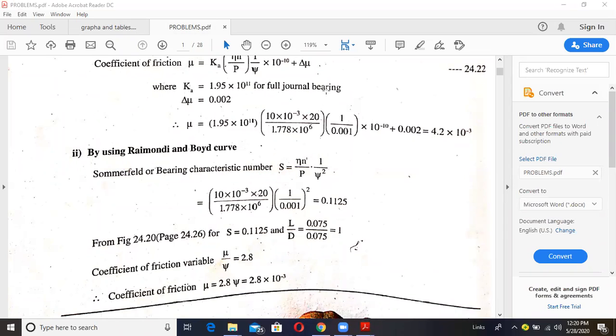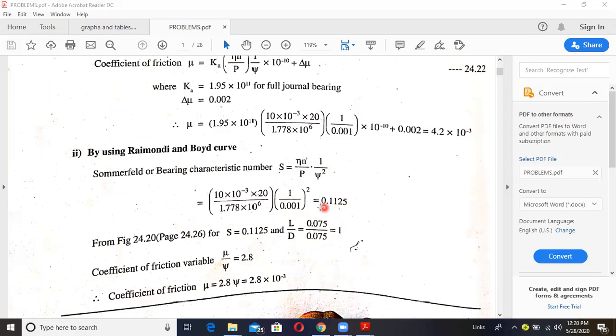The formula to calculate S is equal to eta n dash by P into 1 divided by xi square. Substitute all the values, then you will get the value of S. We got S is equal to 0.1125. Another thing we have to calculate is L divided by D. L you know, D you know, then we get L by D is equal to 1.